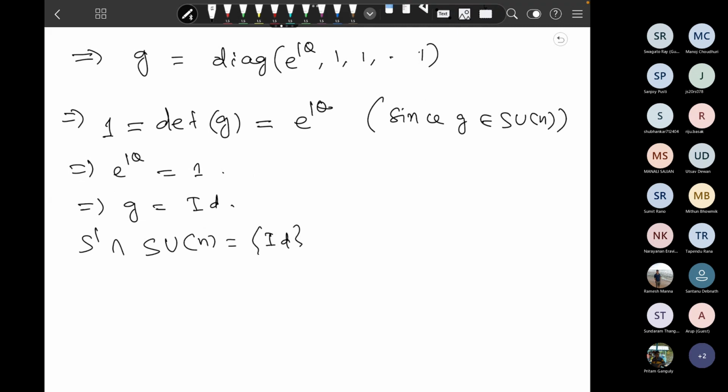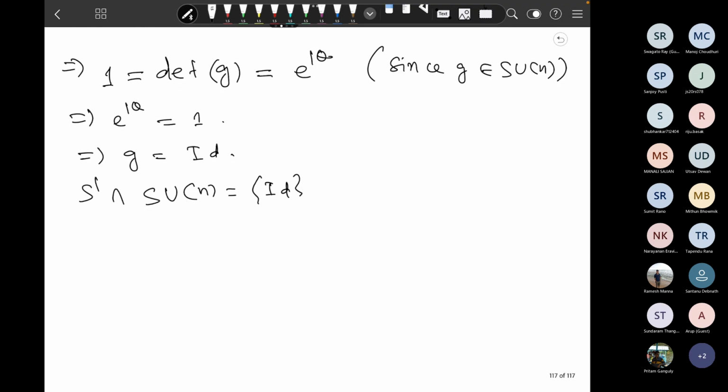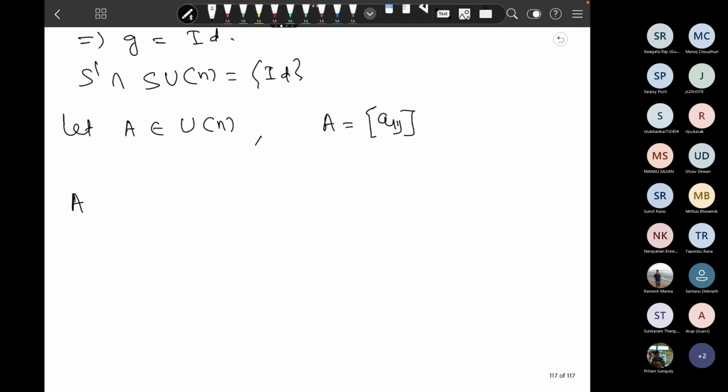Now let A belong to UN, so A is some matrix Aij. I write A as a product of two elements, one from S1 and one from SUN. First you put the determinant of A here and the rest of the diagonal elements as 1.